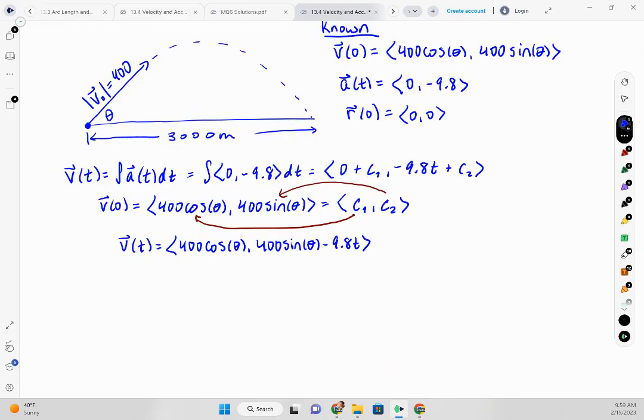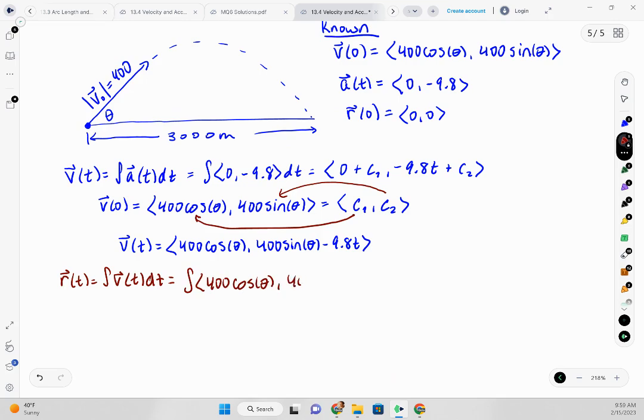So at this point, I can't do much, but maybe I could keep going and find my position vector. My position vector, r of t, will be equal to the integral of the velocity vector I just found. Components are 400 cosine of theta, and the second component, 400 sine of theta minus 9.8t, dt.